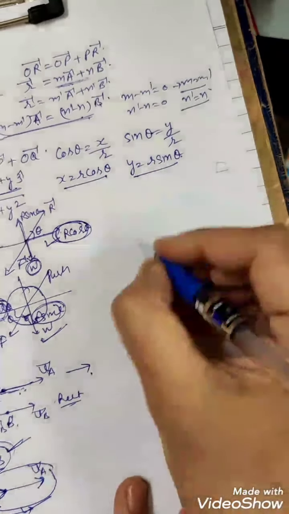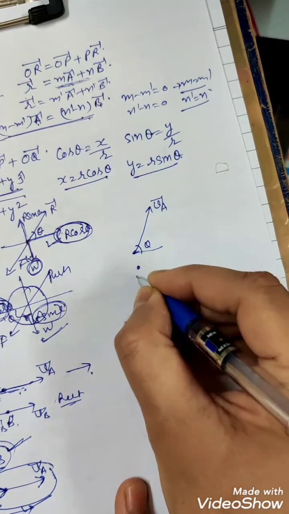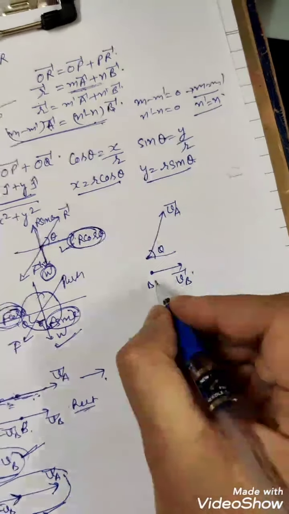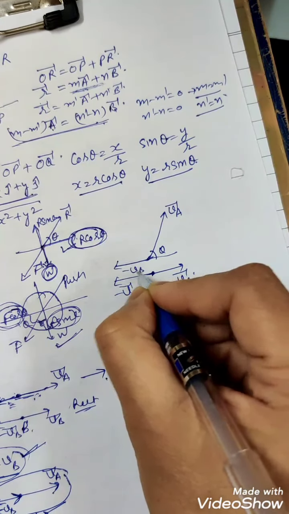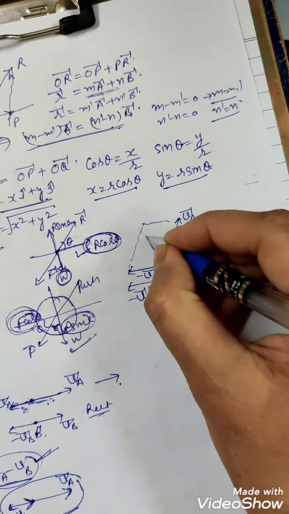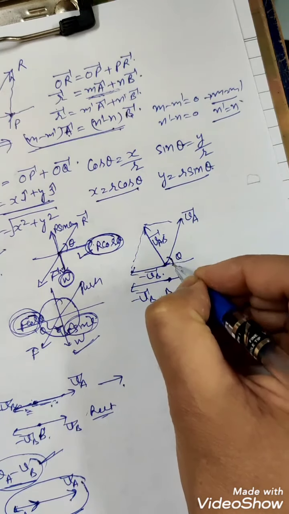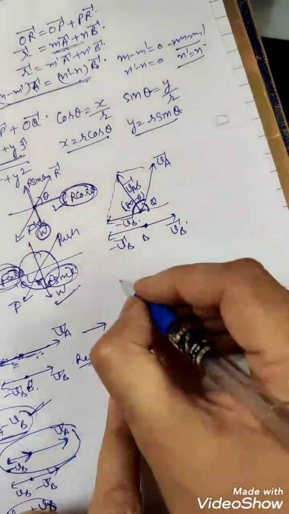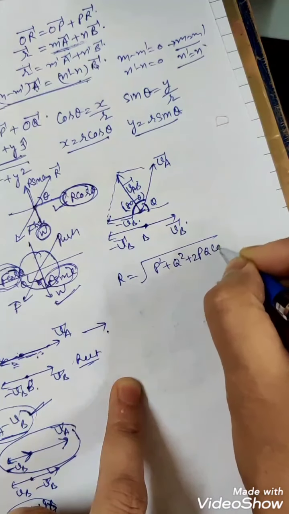But if they are in inclined directions, this is A at angle theta, and this is the B velocity. How do we find the relative velocity with respect to B? Again I superimpose minus B here. Now this becomes the parallelogram side, and this is the resultant, called A with respect to B. This is theta, so what about this angle? It is 180 minus theta. So the resultant is the square root of P squared plus Q squared plus 2PQ cos theta.